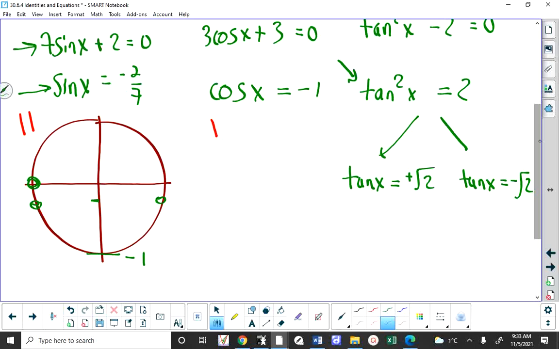Like √2, I don't want to talk about reference angles here. √2 is about 1.41, roughly. So that means tangent of the rotation angle is about 1.4, which means the y-coordinate is about 1.5 times bigger than the x-coordinate.